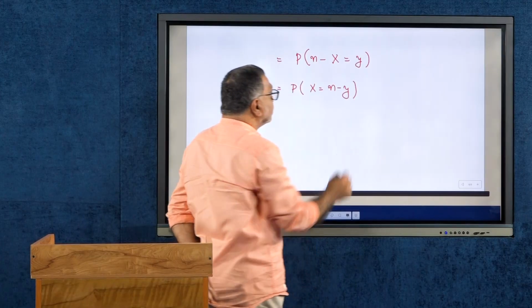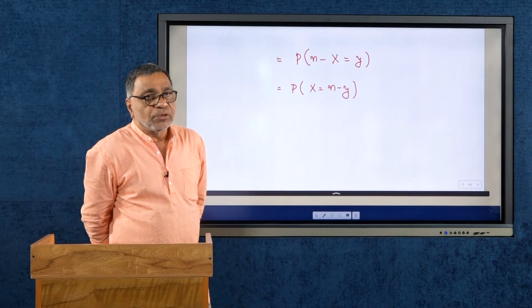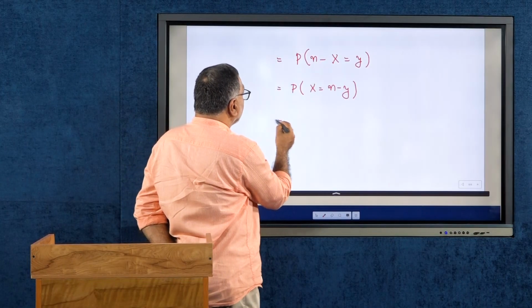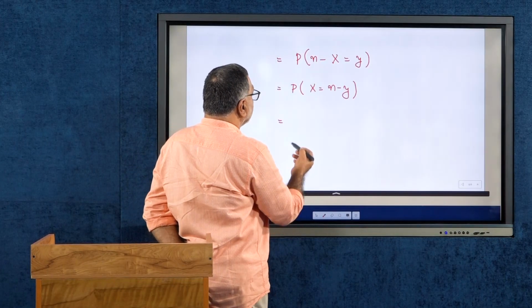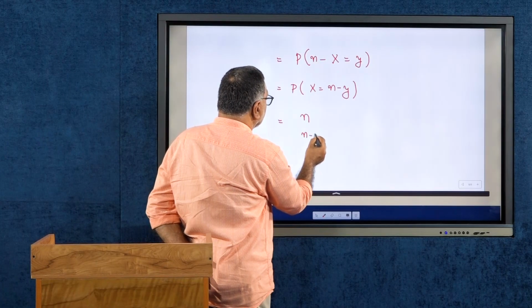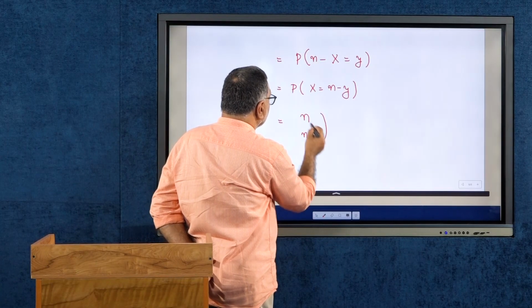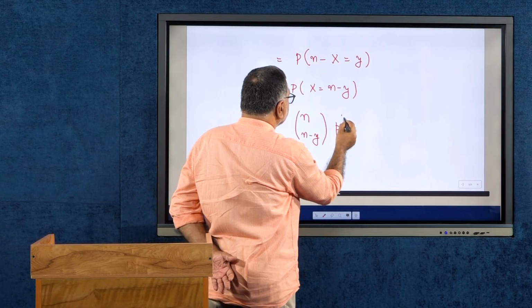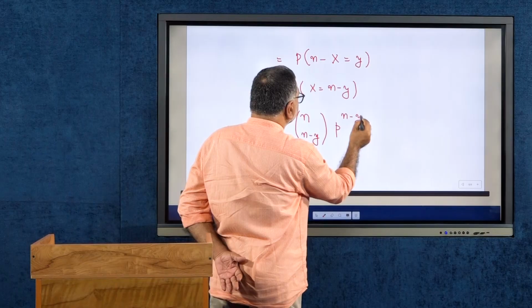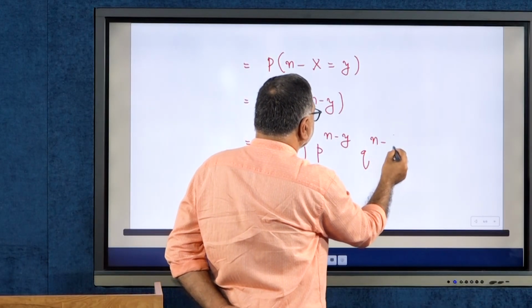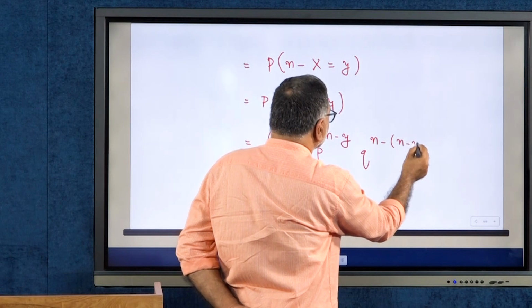That way we can write probability of x is equal to n minus y, that is nCx, this is nC(n minus y), p power x, that is n minus y here, and q power n minus x, that is n minus y.